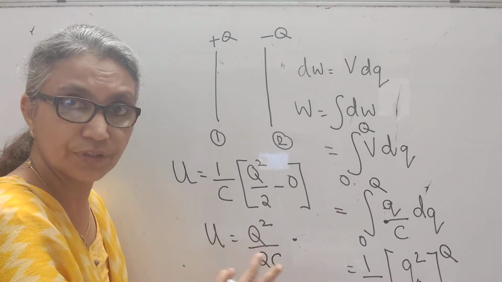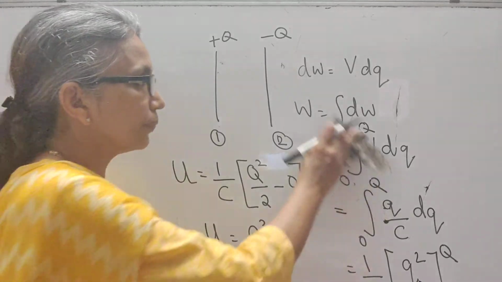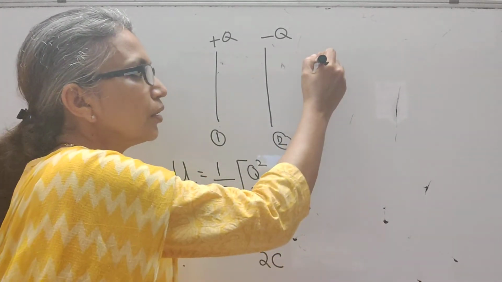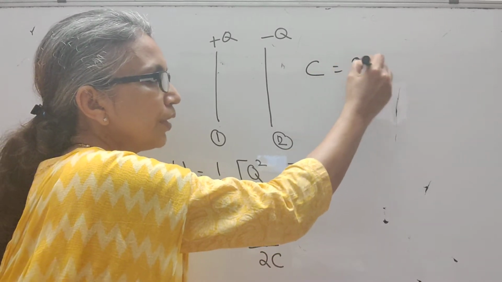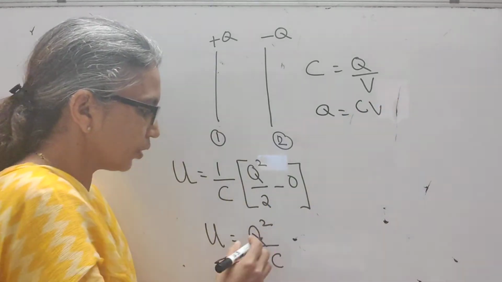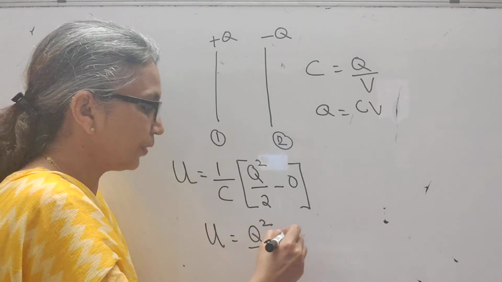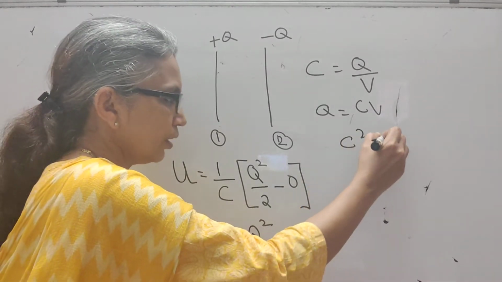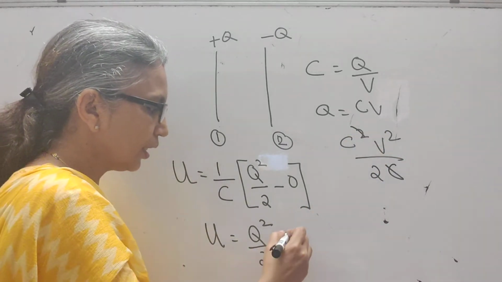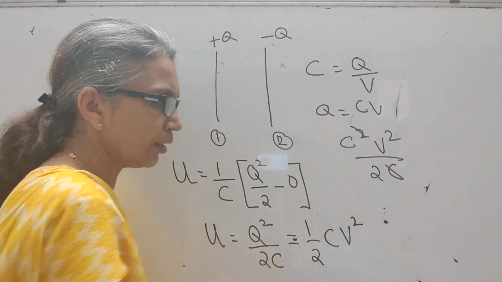You have other forms of this equation. On any capacitor, we know capacitance is Q by V, or Q equals CV. So I may substitute capital Q with C into V. Then Q square will be C square V square by 2C. One C gets cancelled, and this is equivalent to writing half CV square.